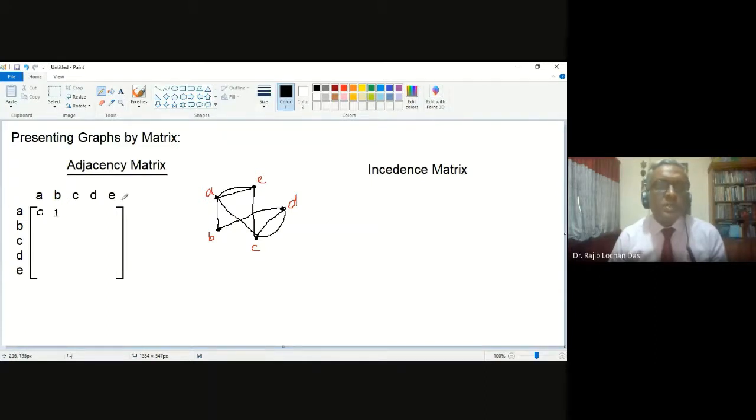So it is actually what? It is actually the number of edges. Adjacency matrix is actually the number of edges between vertices. So you have A, B, A, C, A, D, A, E, like that, and again B, A, B, B, B, C, like that.